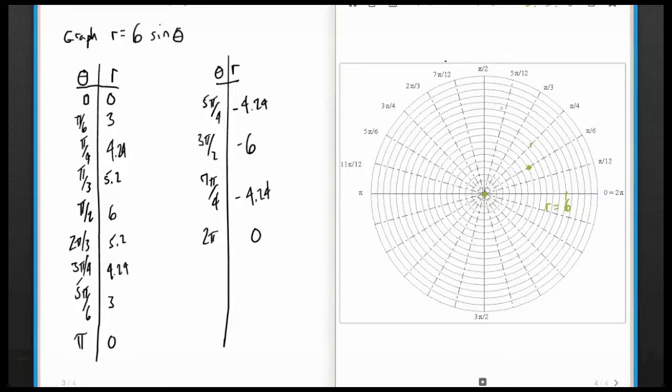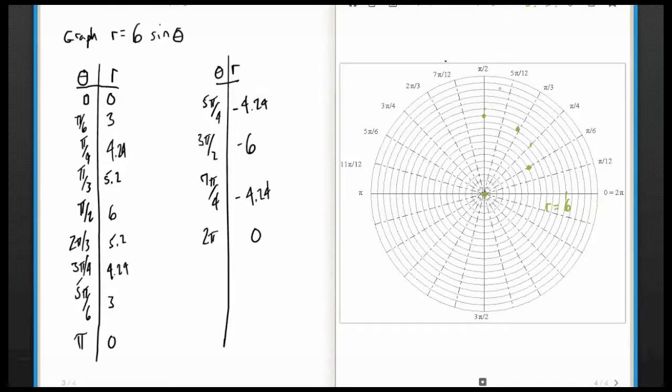Here's my 6 line. And here's pi by 3. So 5.2 is about there. And then finally I get all the way to 6 at pi over 2. So I think here's my 6 line. All the way up here. Like that.